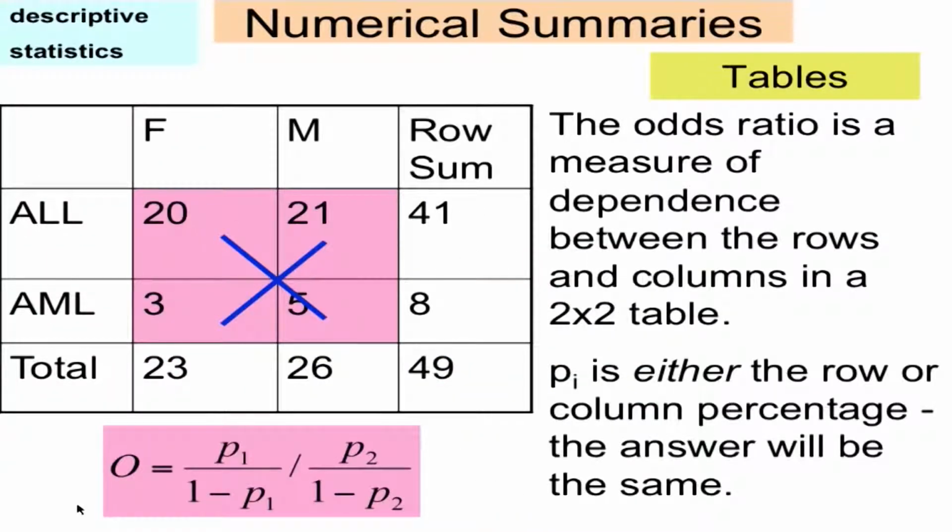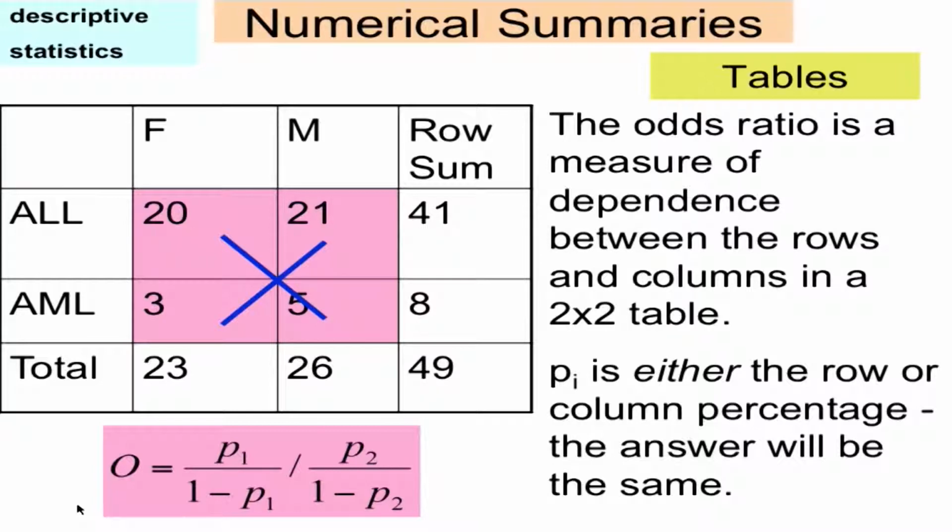Now, the fundamental statistic for a 2x2 table is called the odds ratio. And often we take the log of the odds ratio. Here, pi is either the row or column percentage, and basically if the rows are independent of the columns, so that says the row percentages are the same or the column percentages are the same, then this statistic is 1 and its log is 0.